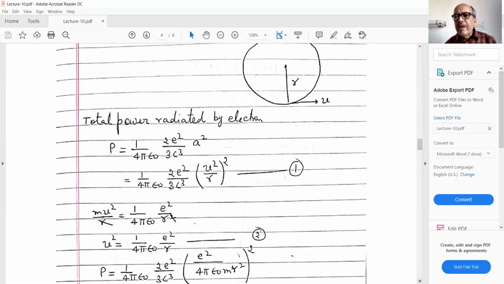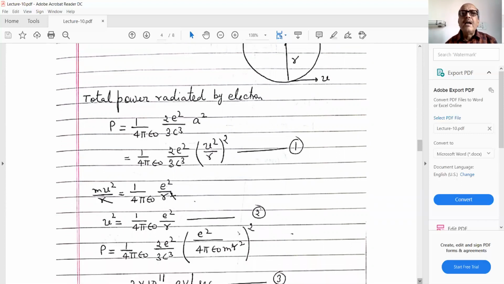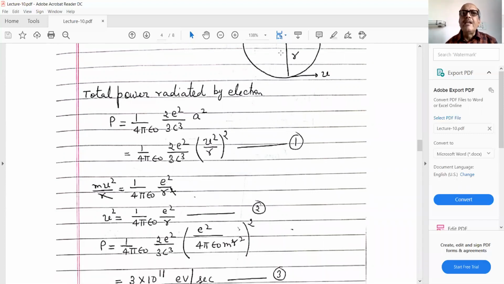Now let us quickly see the equations for basically calculating the relation between the velocity and the radius and the energy. The necessary centripetal force required by the electron to move surrounding the nucleus is given by the electrostatic force of attraction between the nucleus and the electron.